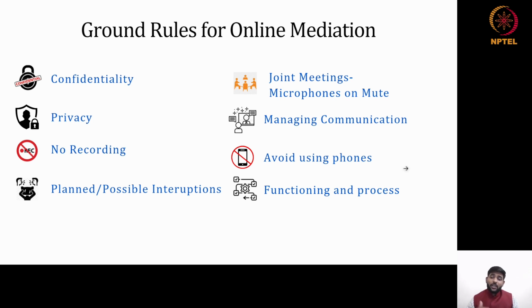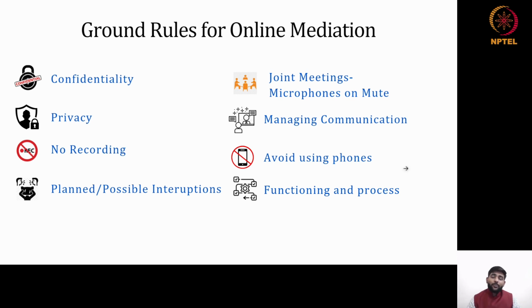Managing communication is another area where the role of the mediator is very vital. When one person is speaking, the other is required to be quiet or on mute.